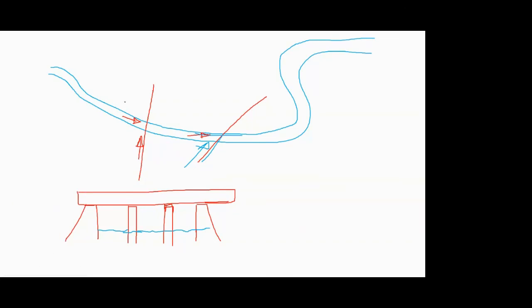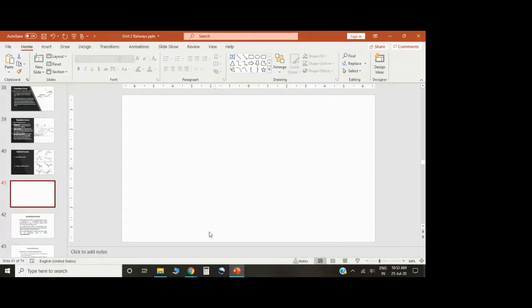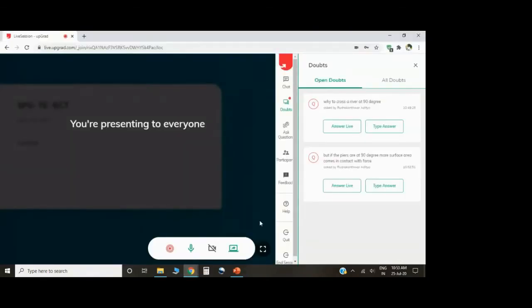If you have studied the phases of a river, you also have a meandering phase in which the river is subjected to curves and the path goes on changing. So that's why we tend to have a bridge on a straight section where the river will not change its path in the future. That's the reason we cross a river at 90 degrees.